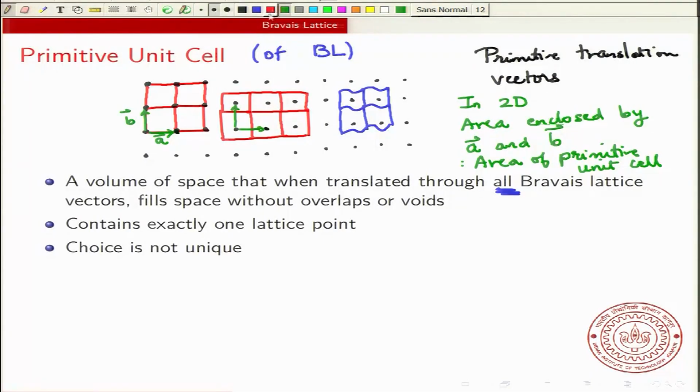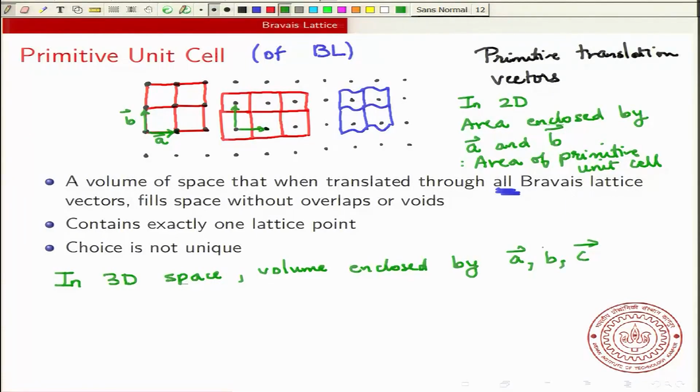In 3D, so I will write it right here. In 3 dimensions, you need the volume enclosed by, now you have three vectors A, B, C, and this volume is equal to the volume of the primitive unit cell.